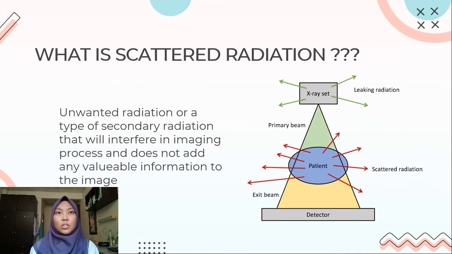For the definition of scatter radiation, scatter radiation is an unwanted radiation, or a type of secondary radiation, that will interfere in the imaging process, and it does not add any valuable information to the image. During the passage of radiation through a substance, the radiation has its direction changed. It may also be modified by a decrease in energy.